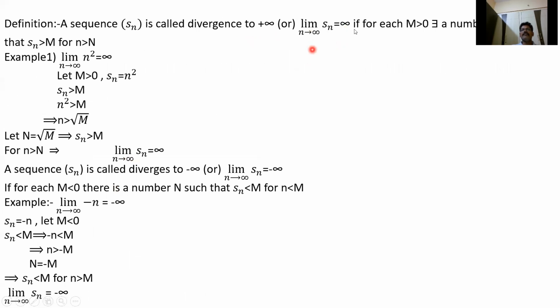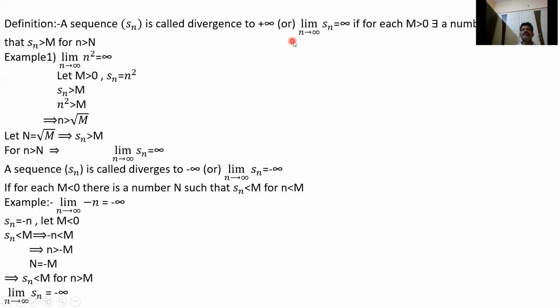We know the limit of Sn equals S means for each epsilon greater than 0 there exists a number N so that |Sn - S| is less than epsilon for all n greater than N. That is for the limit of Sn equal to S. So the limit of Sn equals infinity if for each M greater than 0, however big, there exists a number N such that Sn is greater than M for n greater than N.